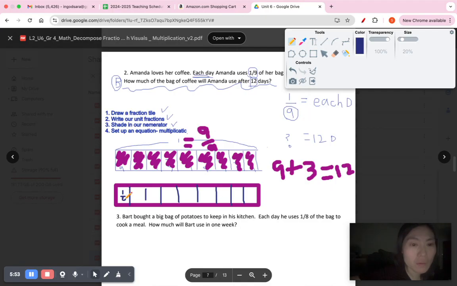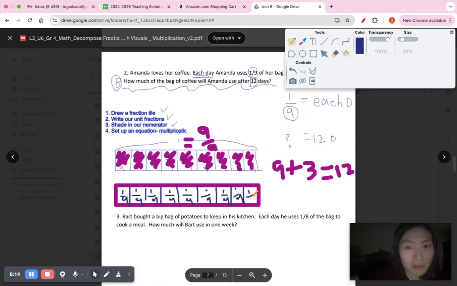I'm going to draw 1/9, 1/9, 1/9, 1/9. Everything will be 1/9, 1/9, 1/9, 1/9, 1/9, and 1/9.